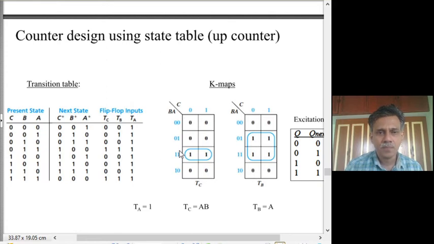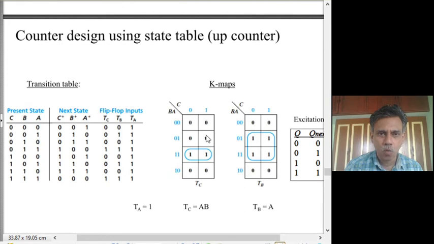Only thing is there is a change. So you can directly read out this TC and put it here. So the input for here is 0 0 and then a 1 followed by a 0, for C is equal to 0.